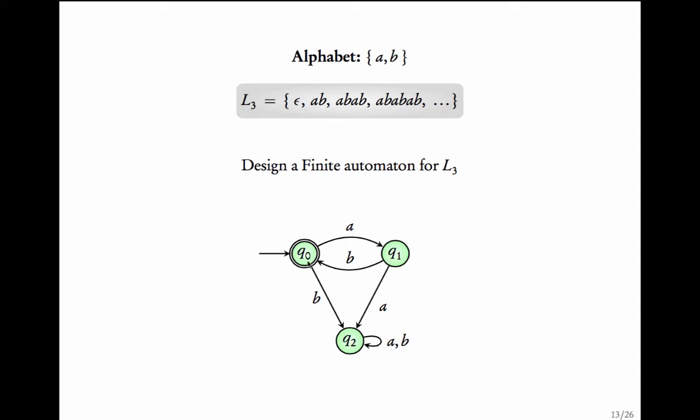If I see a B, I need to accept. So I will come back to Q0. However, if I see an A, I should go to the sink state. The set of paths from the initial to the accepting state will be AB, AB, AB. And so this automaton corresponds to the language AB star. The only point you need to note is that the initial state is made final to accept epsilon.